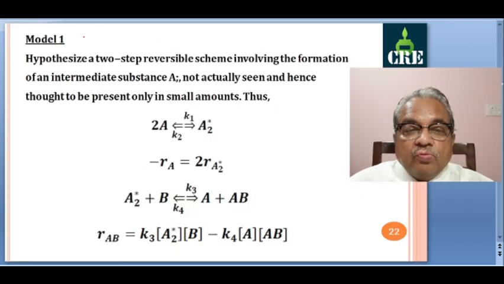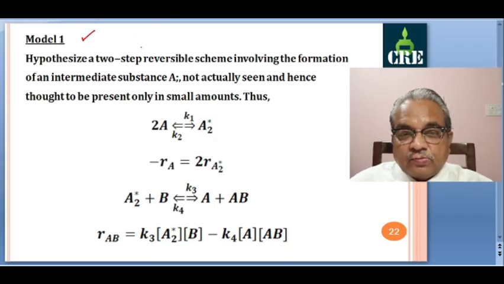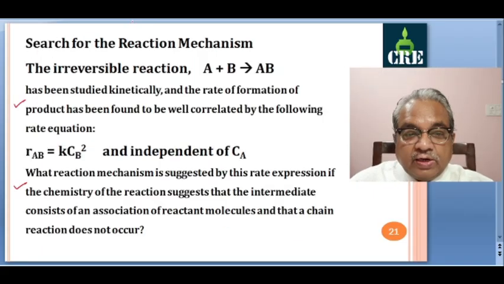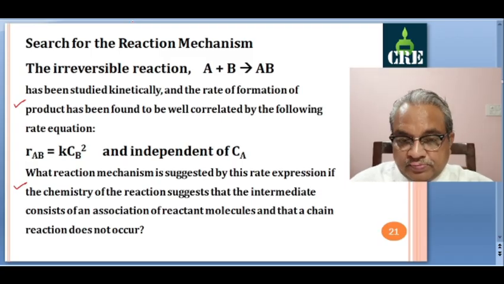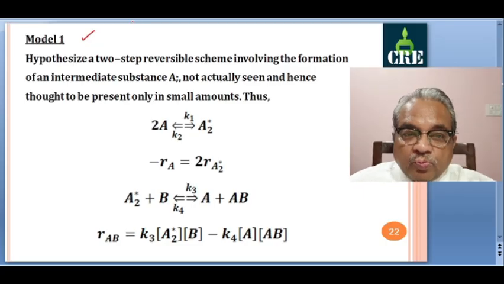So we have to hypothesize or propose a model and test it and match it with the observed kinetics. In this case, observed kinetics is rate of formation of AB or minus rA as k CB squared. So we have to propose a mechanism.